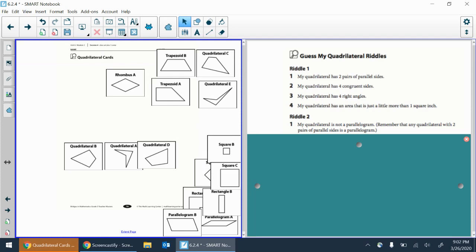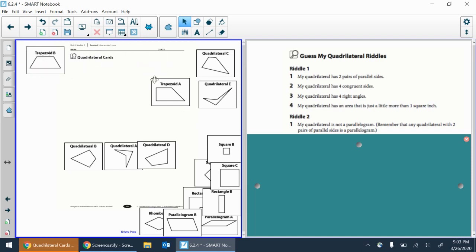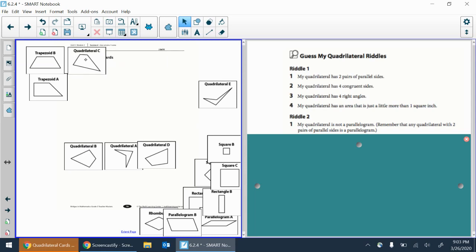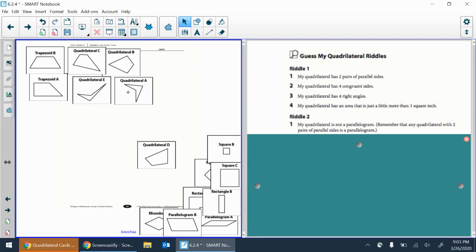Okay, this rhombus right here has two sides that are parallel to each other. So that's not going to work. The trapezoid, they only have one set of parallel lines, the top and the bottom. So that one is not a parallelogram. So I'm going to keep them. I want to keep looking at those guys.